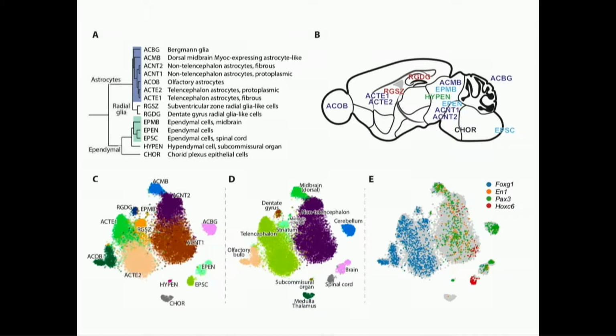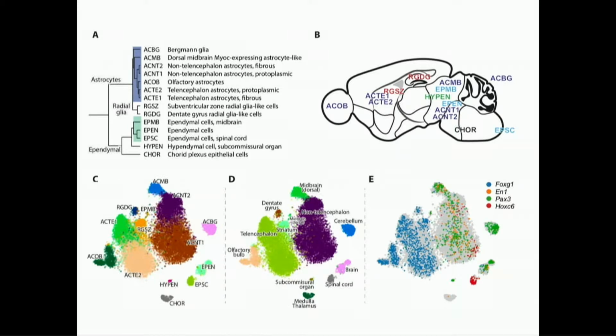And so if you look inside of the cortex, you have what we call telencephalon astrocytes that are spread out across the telencephalon. Those are in this plot here, shown in this cloud here. And there's a split between 2 types here that correspond exactly to the protoplasmic and the fibrous, or the GFAP high and the GFAP low that you saw in the previous talk. But these are telencephalon specific.